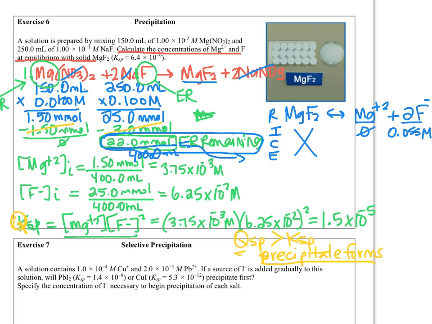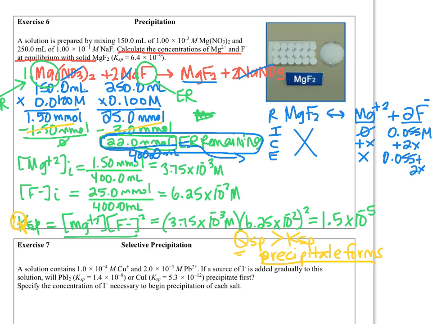So now it's just like that first problem we did. I have this fluorine still present, and as equilibrium is trying to be established, I see an increase in magnesium of x and an increase of 2x for the fluorines. We're going to see it overall decrease the solubility though. So x, and then we're going to have 0.055 plus 2x.